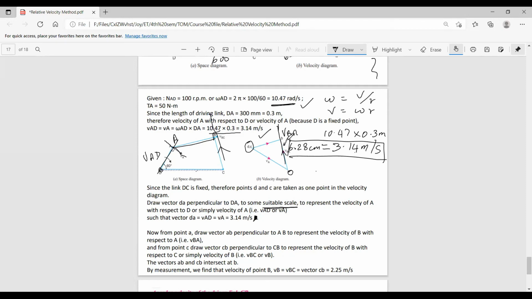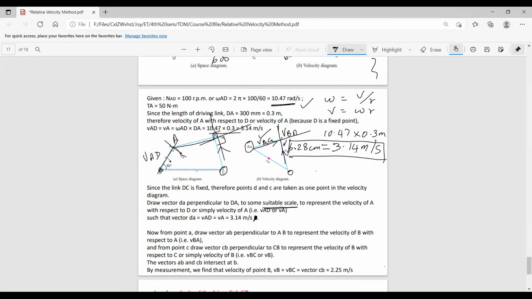And from point C, draw a vector perpendicular to CB. So this is our CB. The line perpendicular to that will be this line, so this is known as the velocity of B with respect to C.